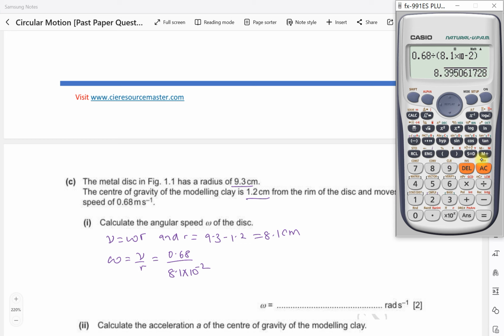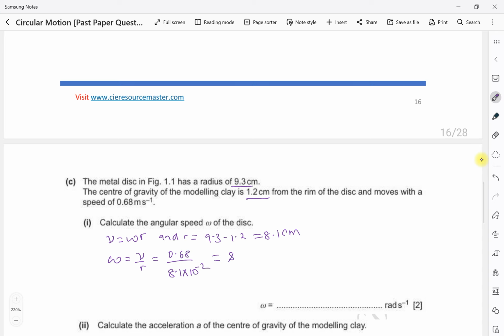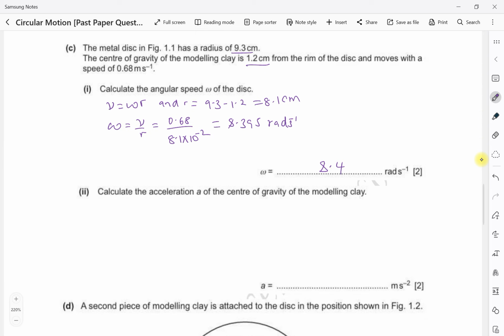That is 8.395 radians per second, which gives us 8.4.